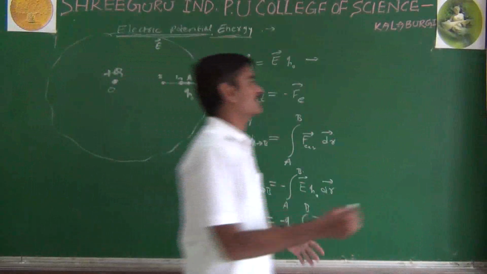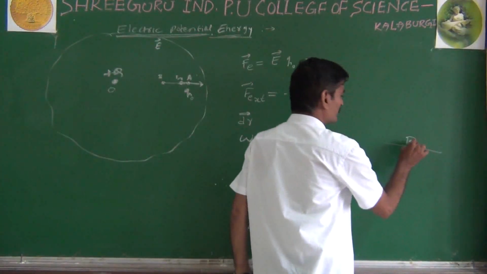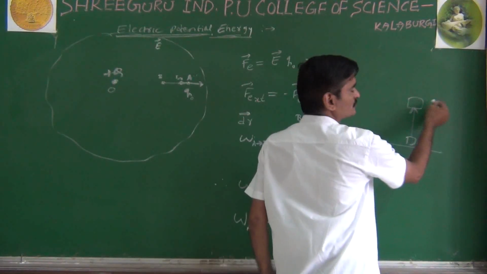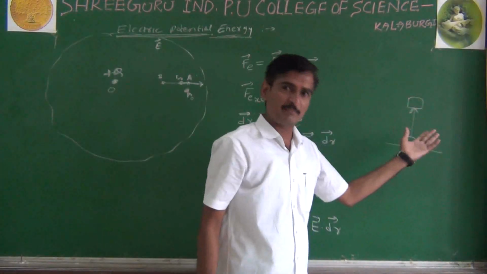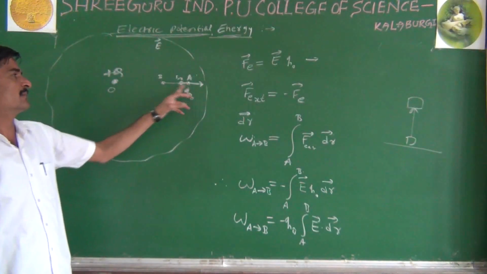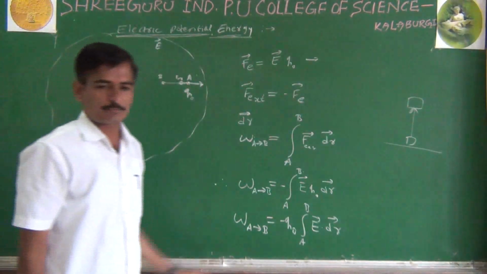Similarly, like in gravitation, where a mass is moved upward, work has to be done, and that work done is stored as potential energy. In the same way here, the work done to move the charge from A to B is stored as electric potential energy.